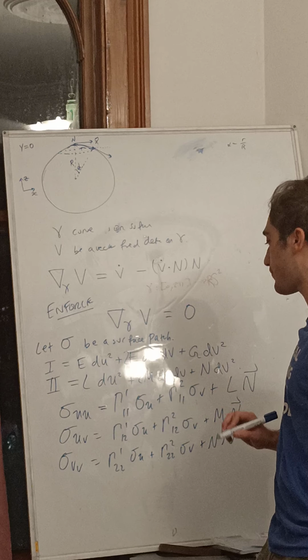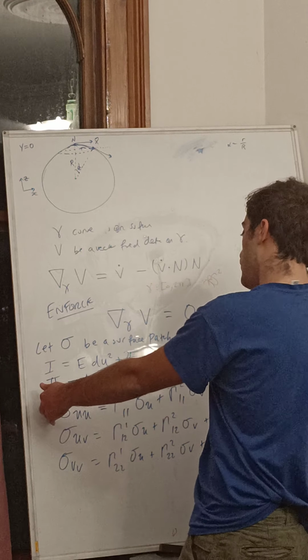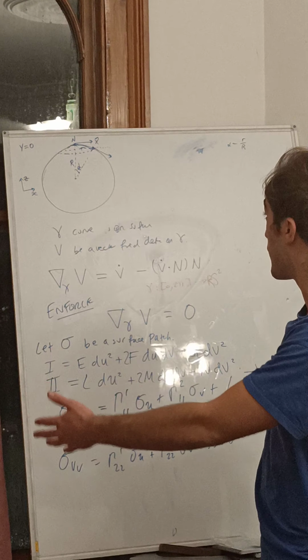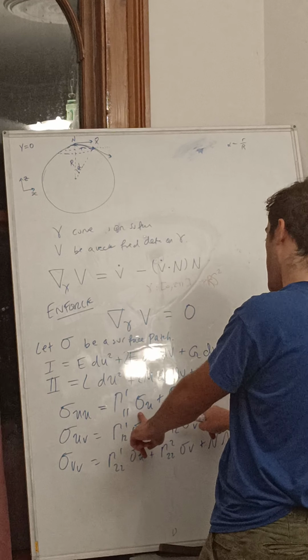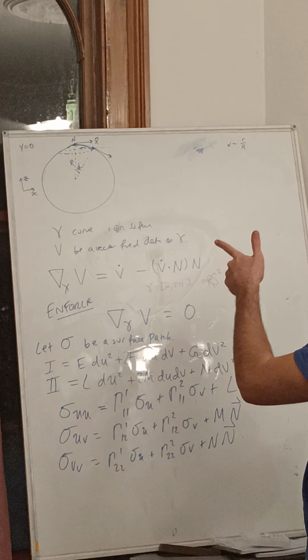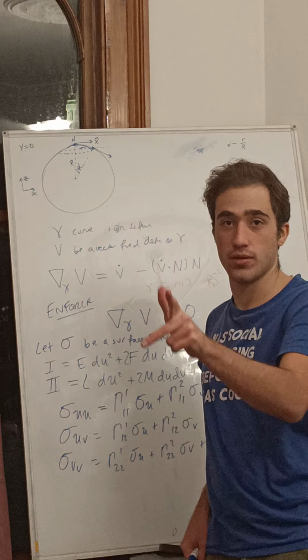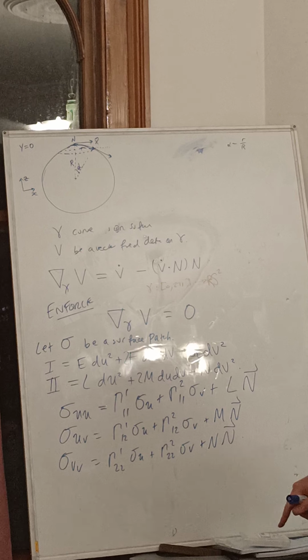Of course, the way you think about this is sigma uu is just a vector in R3, and sigma u, sigma v, and N provide you with a frame.